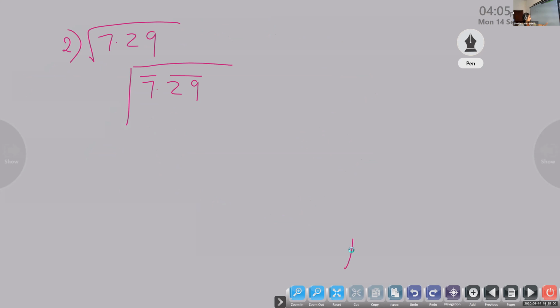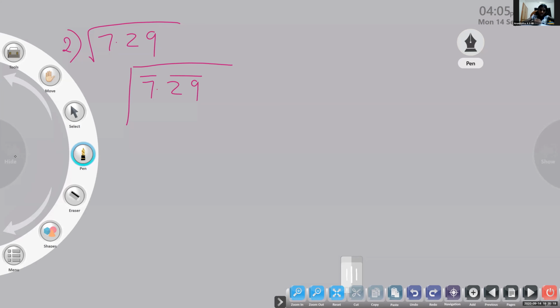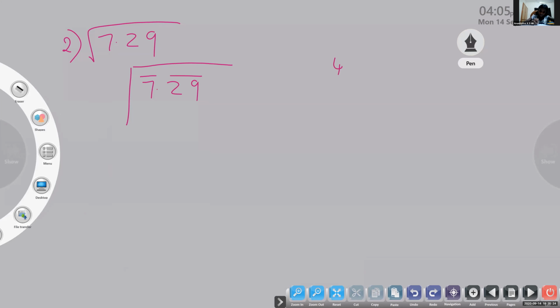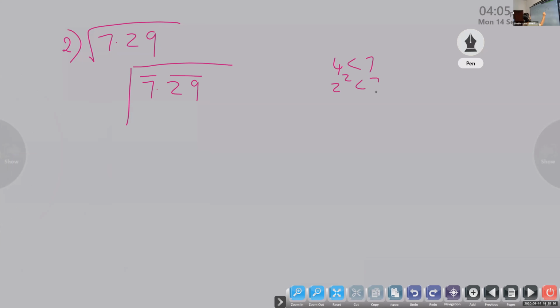Decimal part 29. So find the number less than 7 which is a perfect square. 4. 4 is less than 7, 2 square. So the first divisor and quotient is 2. 4, subtracting we will get 3.